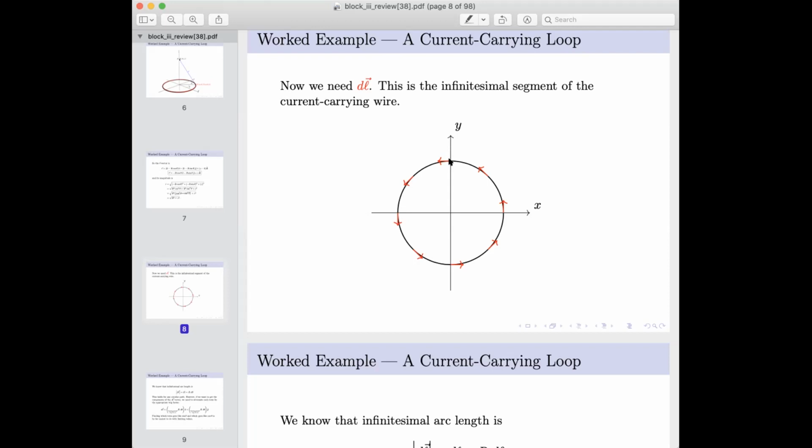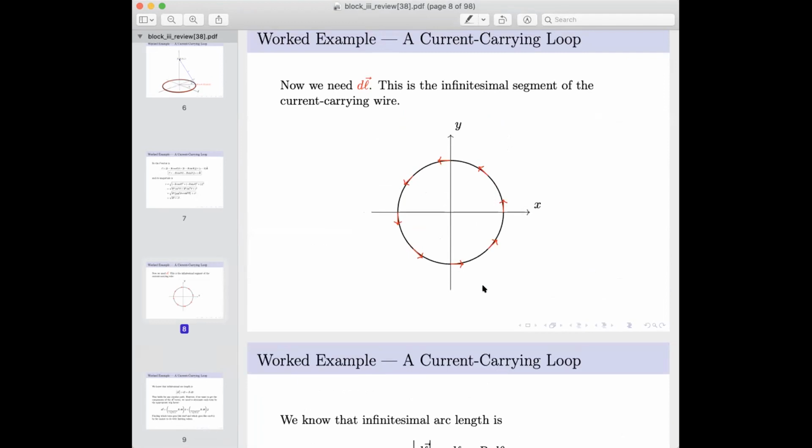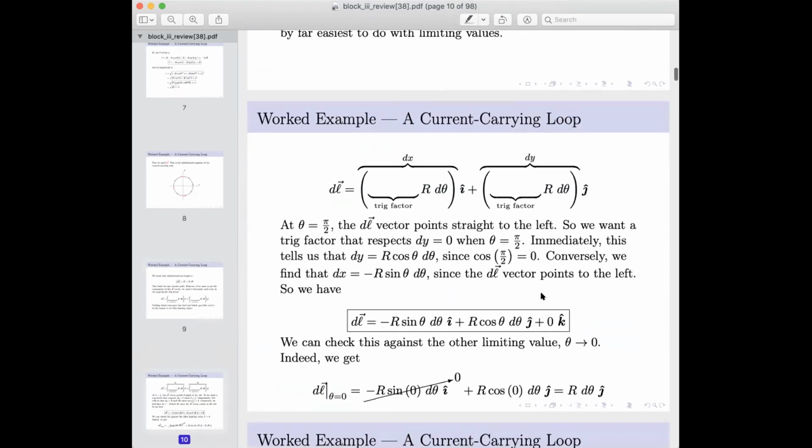So we know that cosine of pi over 2 is 0, and sine of pi over 2 is 1. By looking at the different points around the circle, we can figure out which trig factor goes with which part of our dl vector.